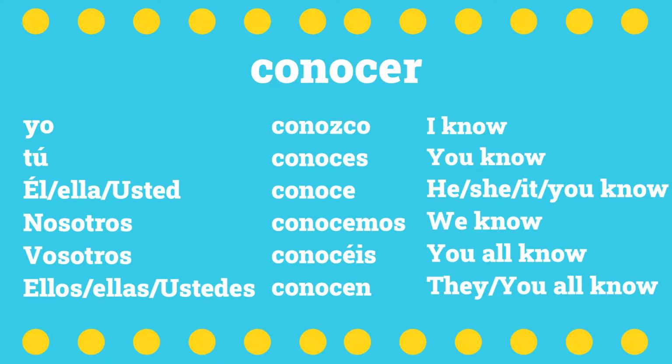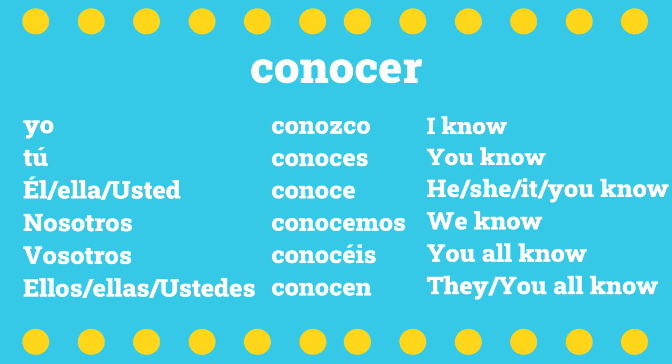Okay, so the verb conocer in the present tense is conjugated like this. You have your subjects, which are yo, tú, él, ella and usted, nosotros, vosotros, and ellos, ellas, ustedes. And as you know, those are the subjects that we use for all verb conjugation. The verb conocer is in fact an irregular verb.